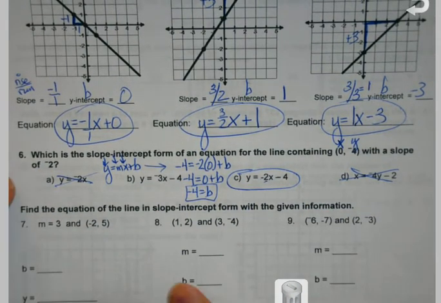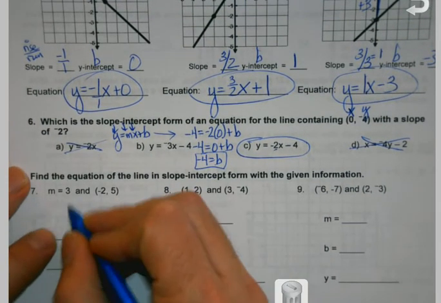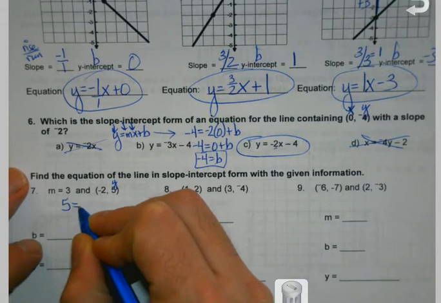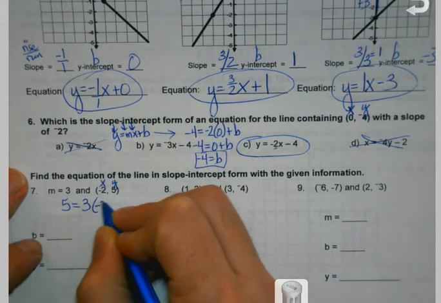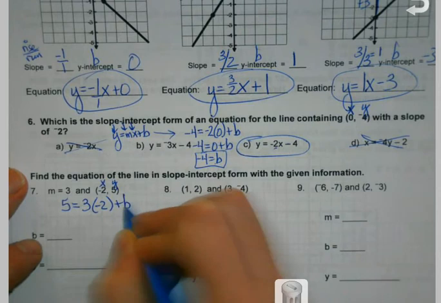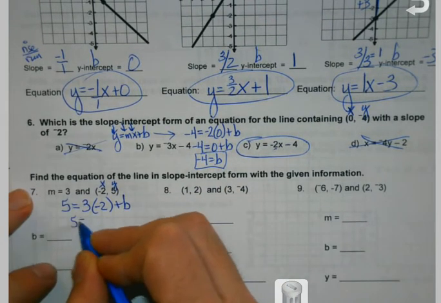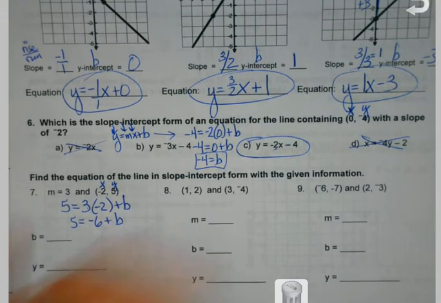And I'm going to do the exact same thing for number 7. y equals mx plus b. So 5 equals 3 times -2, which is -6, plus b.